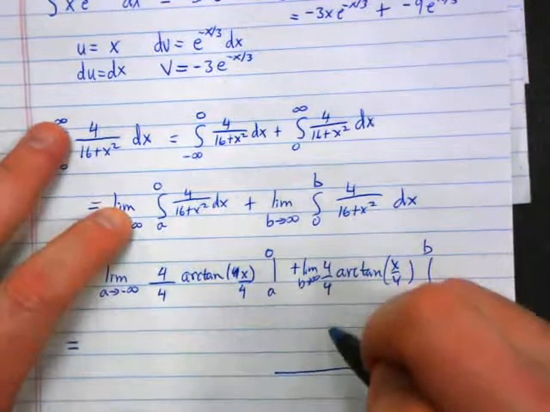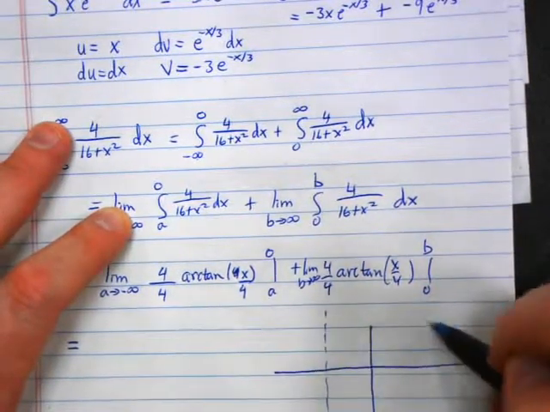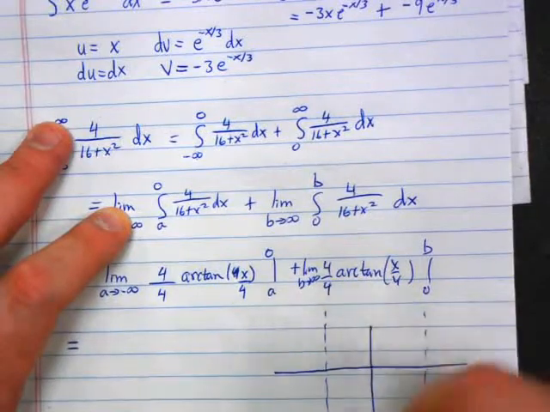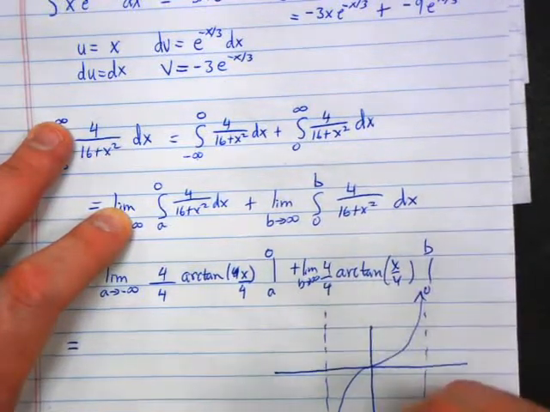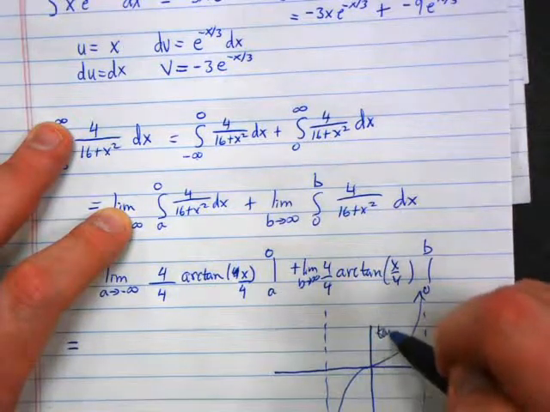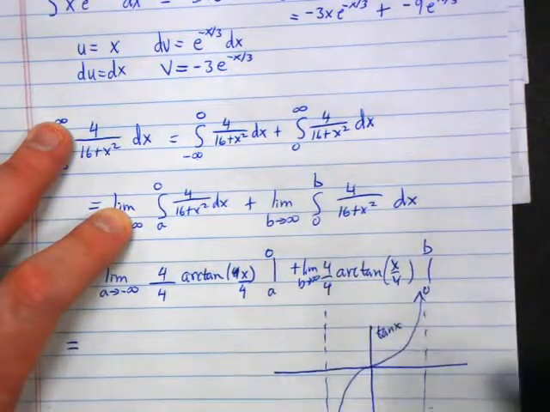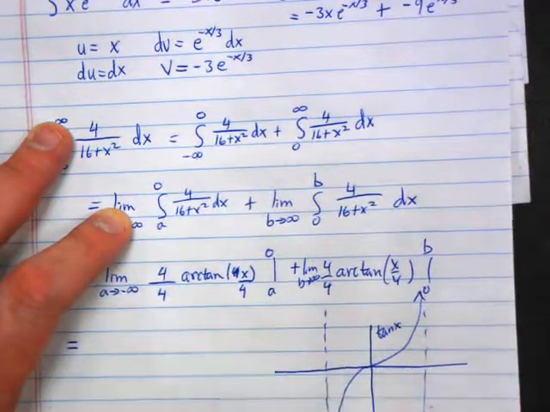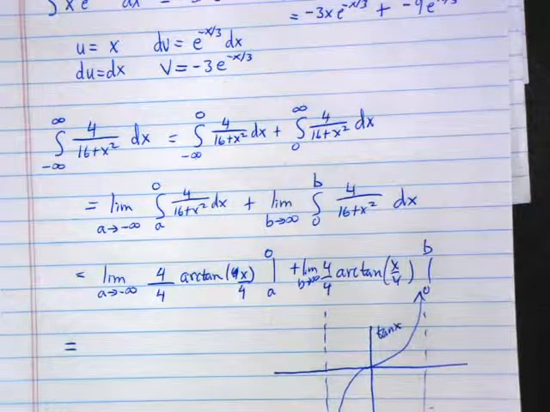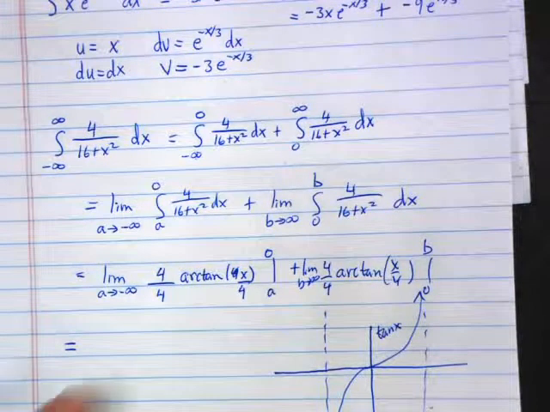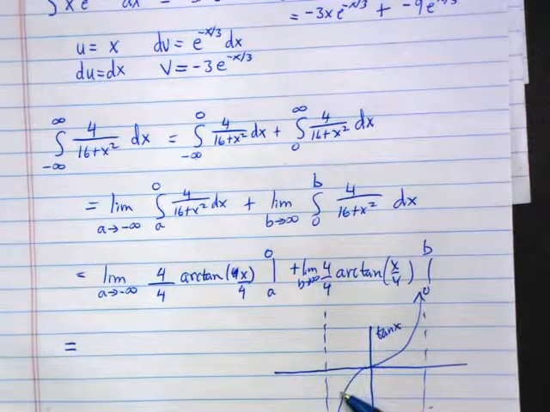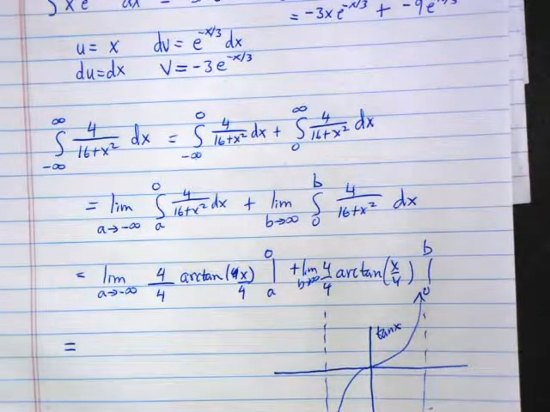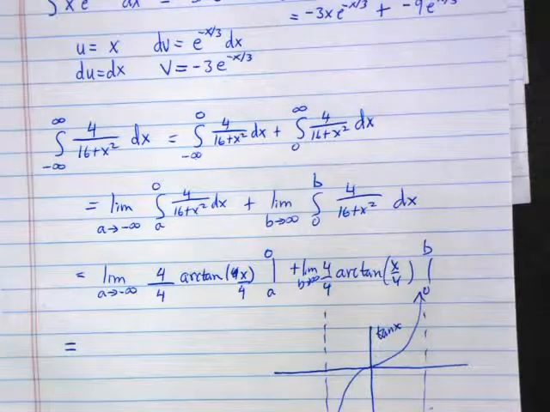It has some of these things. These things are asymptotes, and it looks like this in between. So this is the tangent graph. Where are these asymptotes? Pi over 2 and negative pi over 2. So arc tangent going to negative infinity means we're going this way. What are we getting close to? Negative pi over 2.